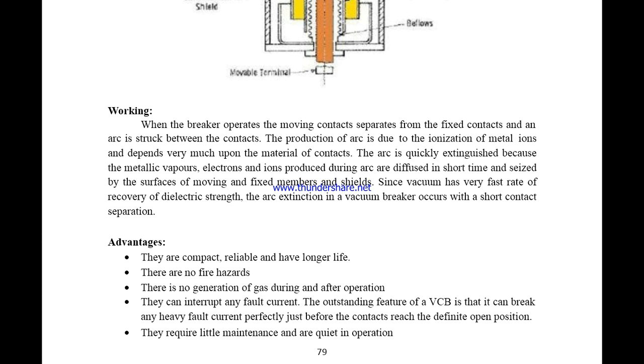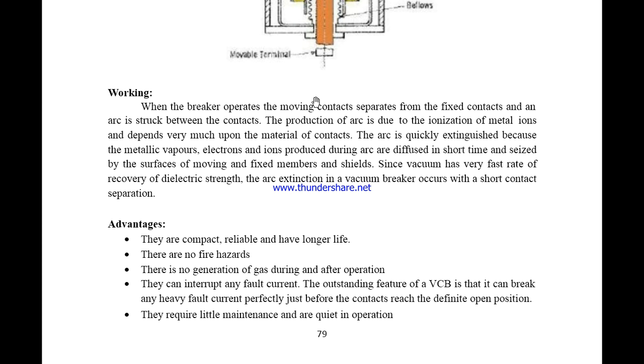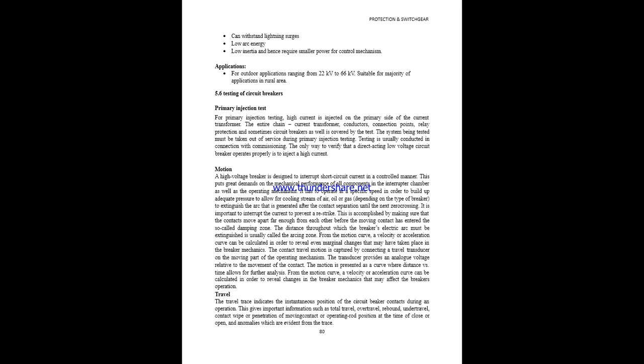Since vacuum has a very fast rate of recovery of dielectric strength, the arc extinction in this circuit breaker occurs with a short contact separation. It is compact, reliable, has longer life, no fire hazards, and no generation of gas during and after operation. They can interrupt any fault current. They require little maintenance and are quiet in operation.